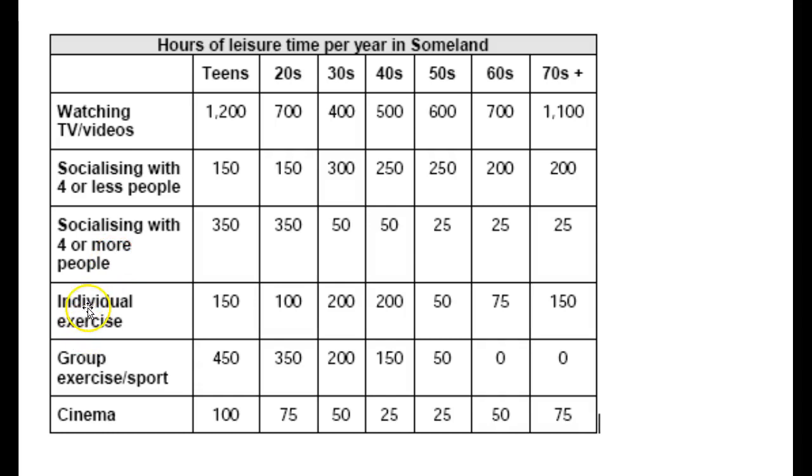Similarly, you've got 2 different activities that deal with exercise. Okay? And watching TV and videos is kind of similar to going to the cinema. So suddenly you've taken your 6 categories and you can effectively reduce them to 3, but then talk about how those figures differ. Okay, so let's take a look again at that bar chart.